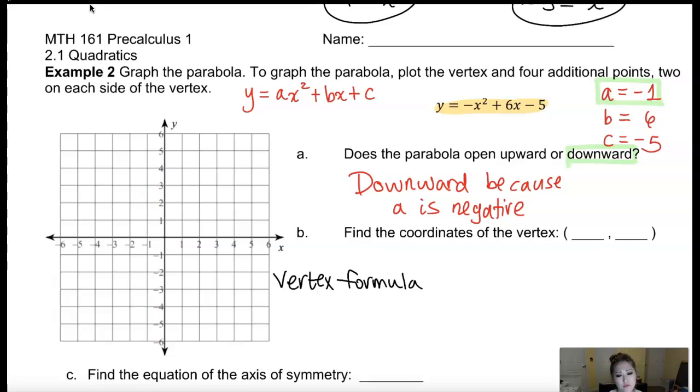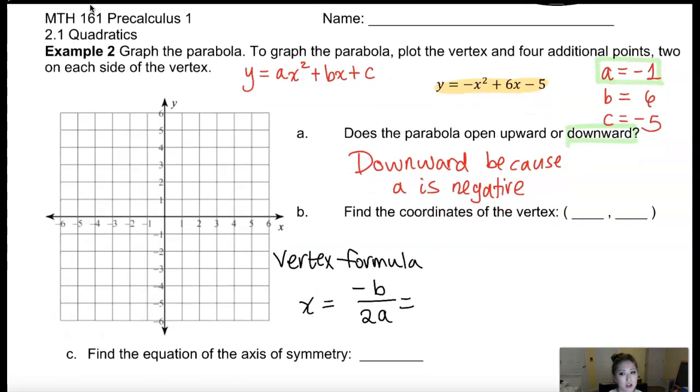If it is in this ABC form, then the vertex will come like this. Before I do the equal sign, it's going to be x equals -b over 2a. The vertex formula will find us the x coordinate of the vertex. So let's plug in our b and a. This formula doesn't use c.